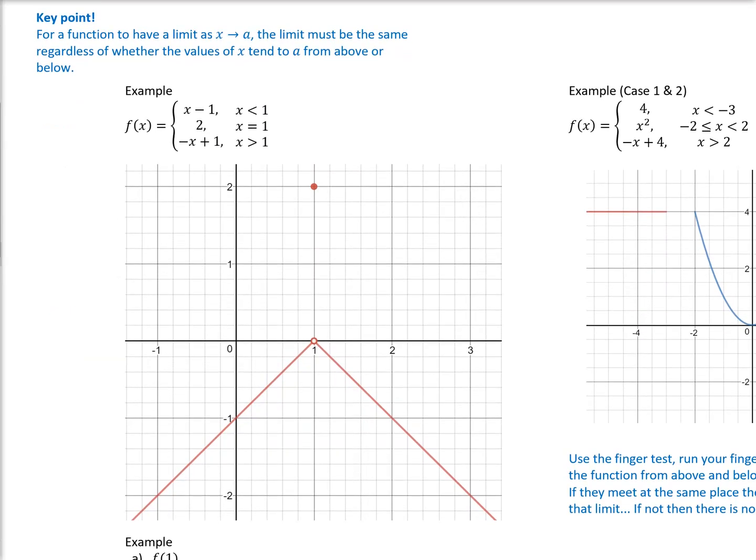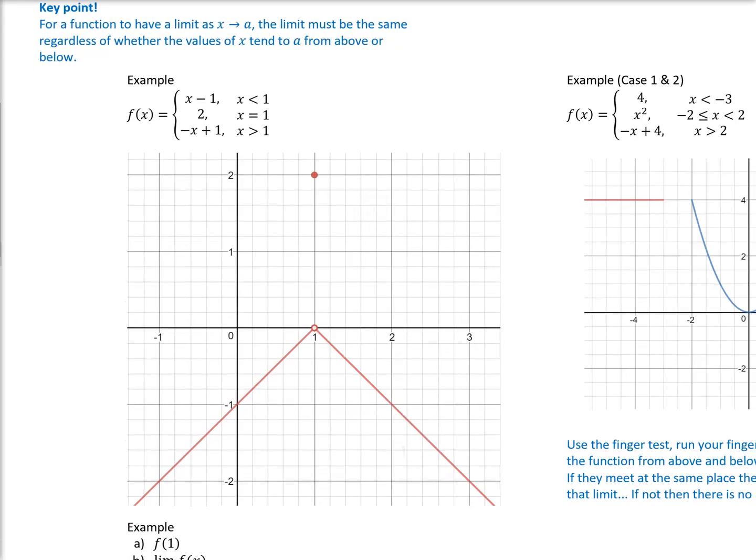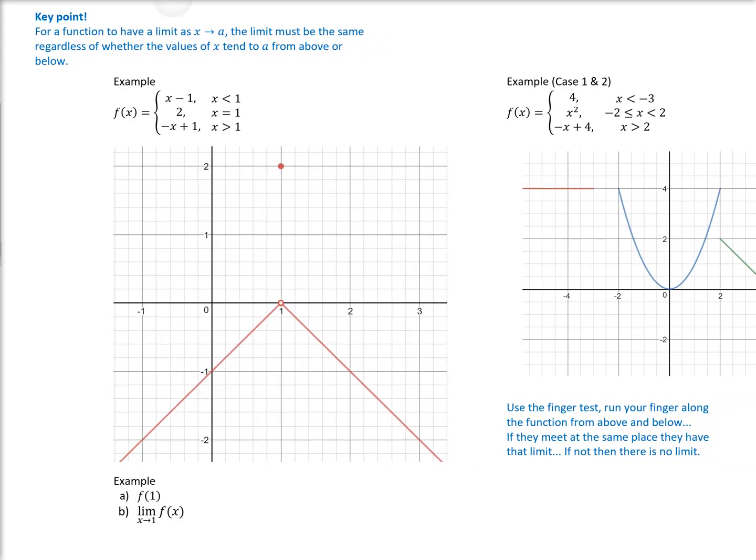Okay, so for a function to have a limit as x tends to a, it must be the same as it tends to from above or below. Like tending from below, for example, the limit as x tends to 1, that's what we're doing.